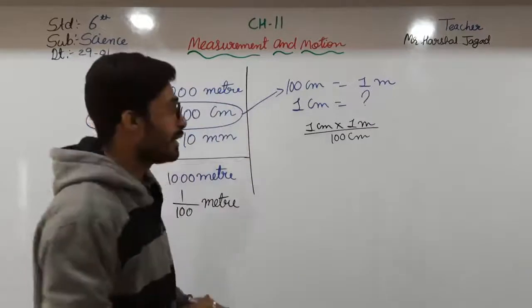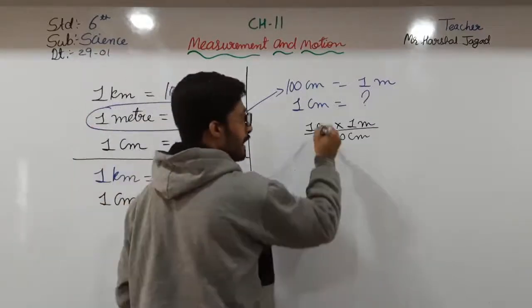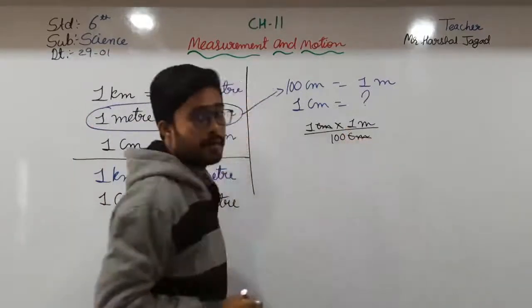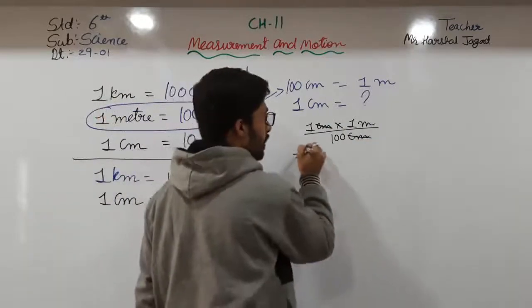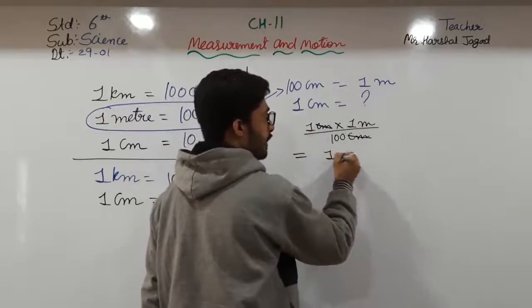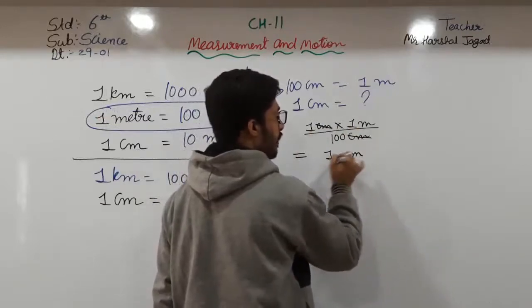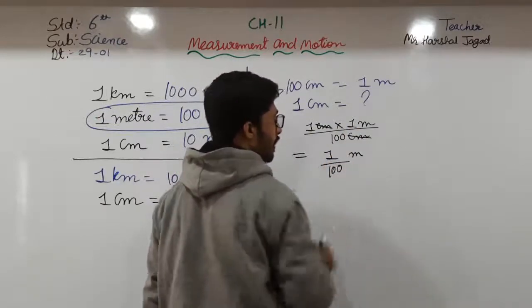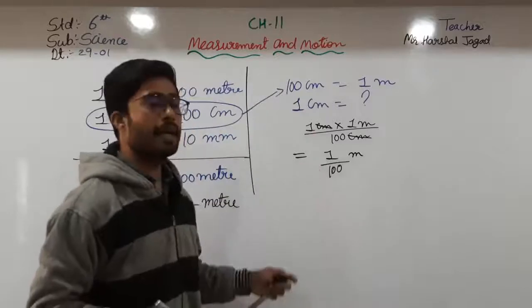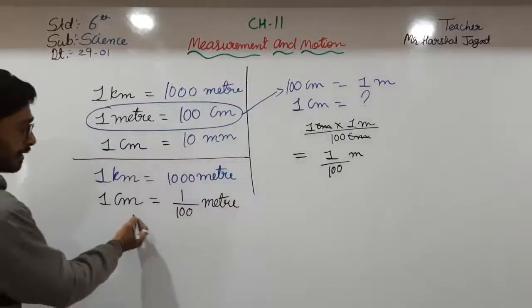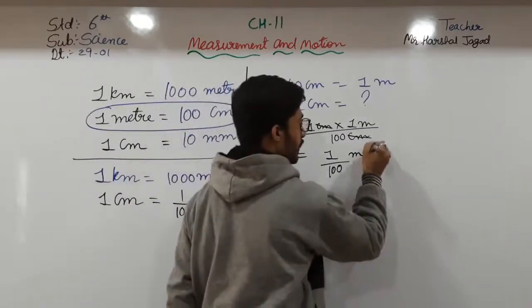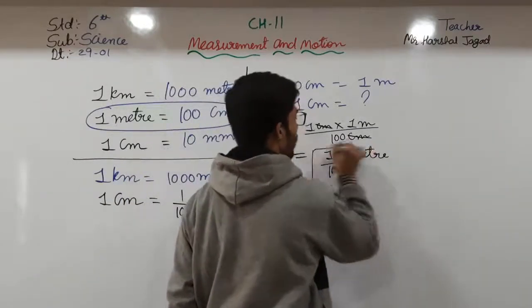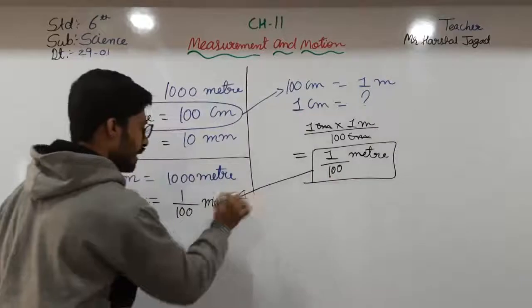Here centimeter can be cancelled. Then 1 ones are 1, and here it is meter upon 100. 100 will remain as it is. So here comes 1 upon 100 meter. Okay, this comes our answer.